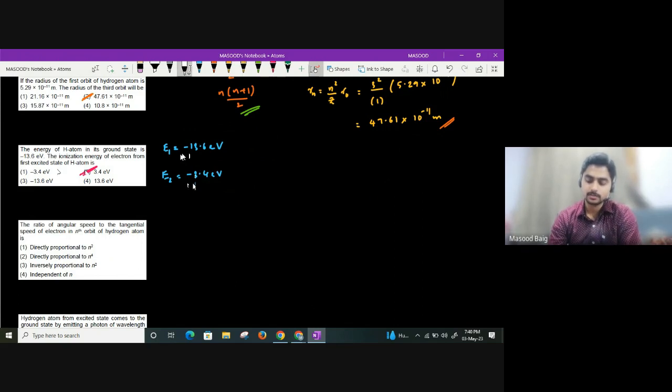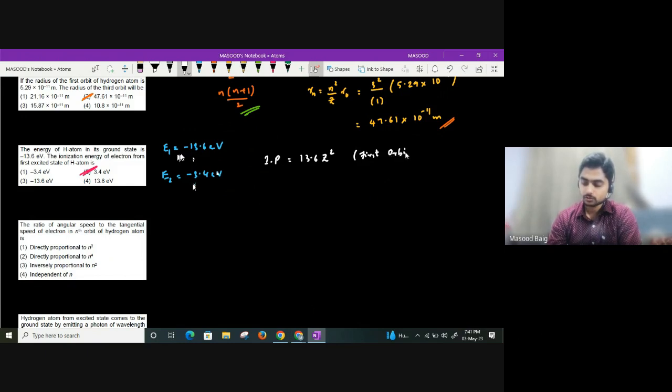And always remember the ionization potential. If they ask you ionization potential for hydrogen-like atoms, it will be 13.6 Z square in the first orbit.